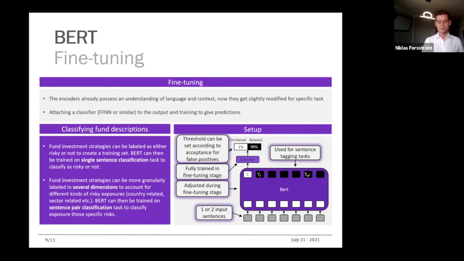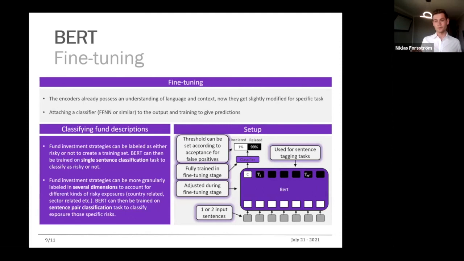The even more sophisticated approach that can provide more insights is to train the model on a sentence pair classification task, like we talked about before. What we would do then is we would provide a fund description as input. We would provide a descriptive sentence as another input, for example, "unlisted company exposure," to take it back to the example we discussed in the beginning.